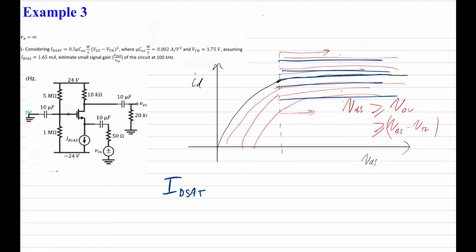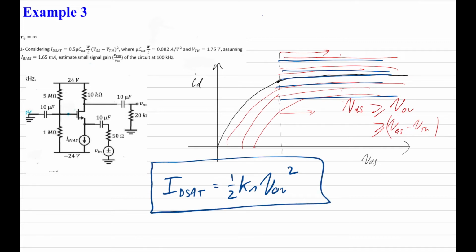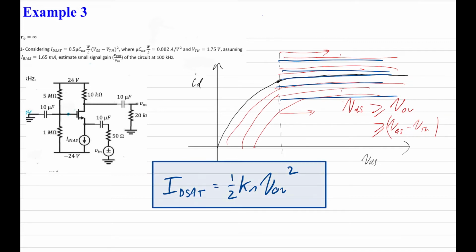And it's only going to be a function of one variable, really, which is the gate source voltage, which we adjust. Remember, the threshold voltage is going to be constant. The materials are going to be constant. The width and the length of the channel are going to be constant. So it's really just going to be determined by this equation here, which is always going to be half Kn VOV squared. And that's it. That's the only thing really to remember for this.